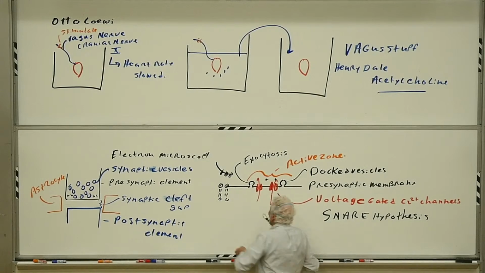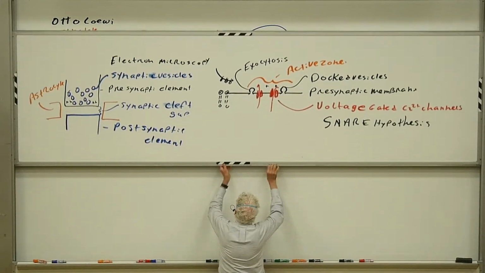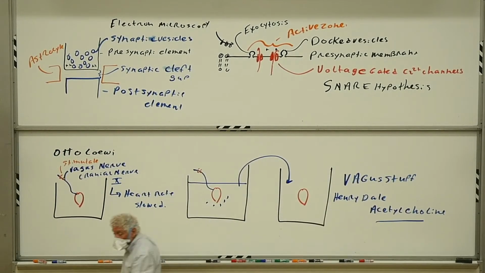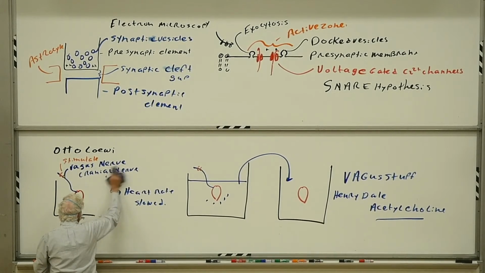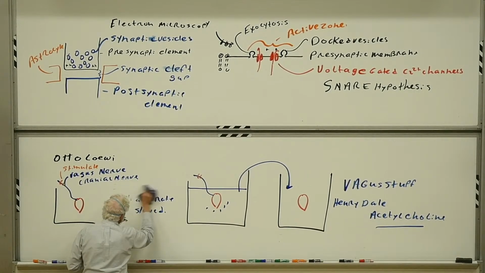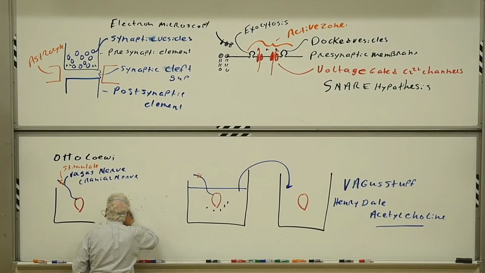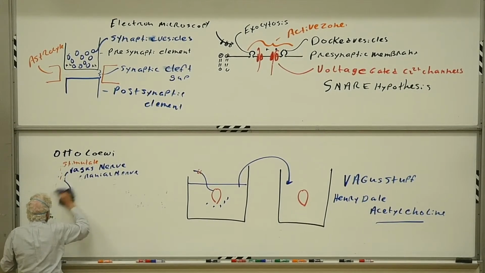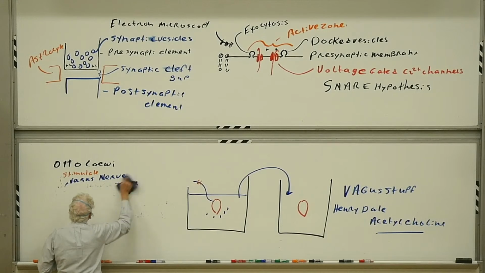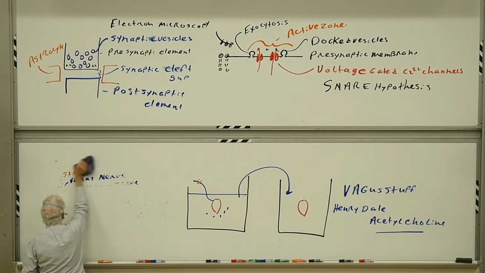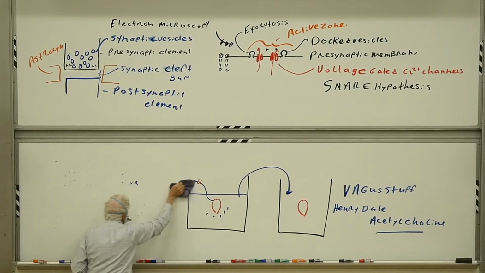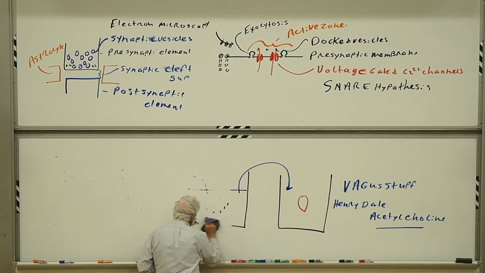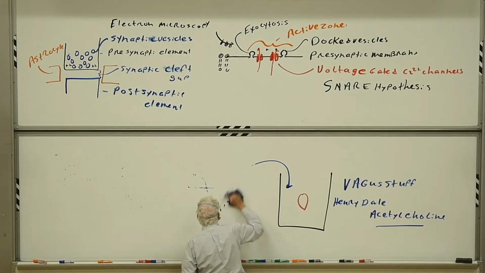I'm going to redraw this with the vesicle and work our way through this idea of the SNARE hypothesis. And basically what they were doing at the time is they were isolating membranes and trying to sort out which proteins were found on vesicles and which proteins were found on the membrane. And after a lot of experiments, some in yeast, some in cell preparations where they were tracking vesicle movement from compartment to compartment, and some in the central nervous system using isolated structures called synaptosomes, where they had pre- and postsynaptic membranes.